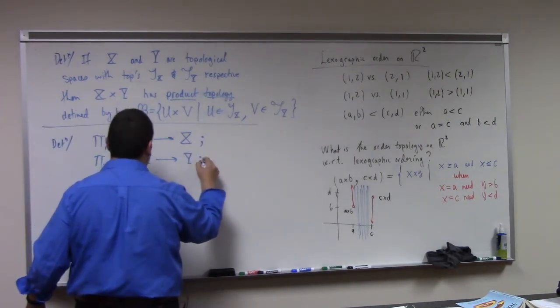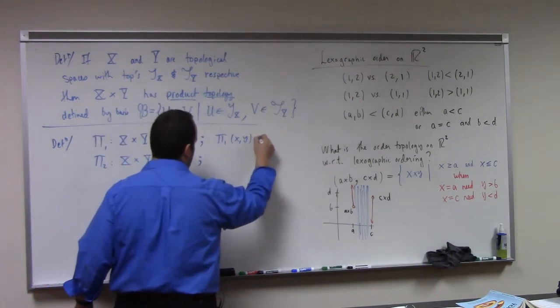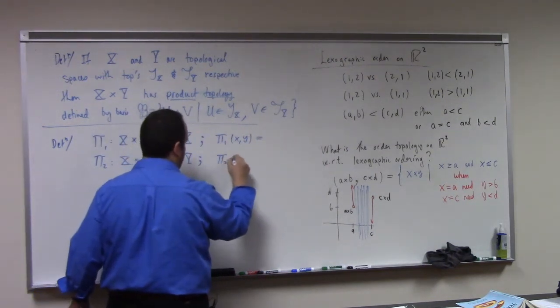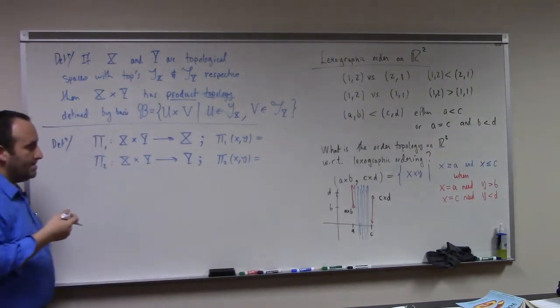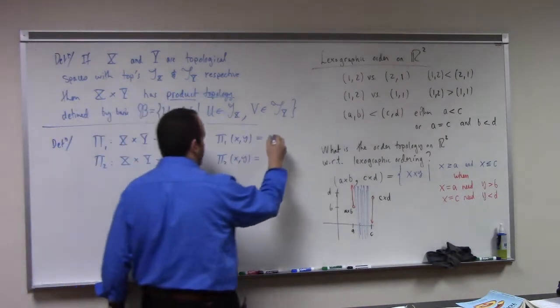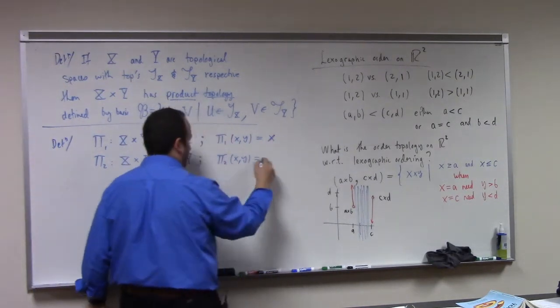What's pi 1 of (x,y)? Just x. And what's pi 2 of (x,y)? Oh, y, yeah.